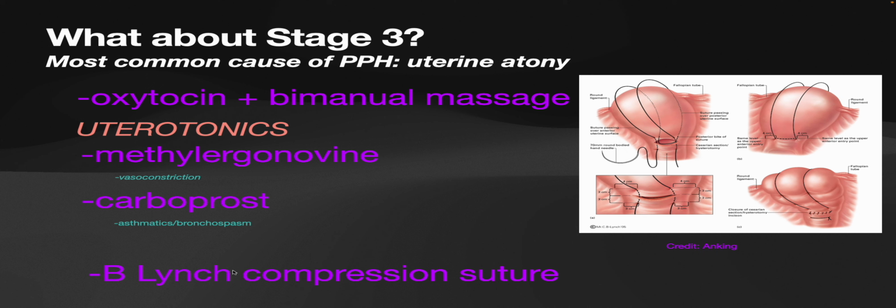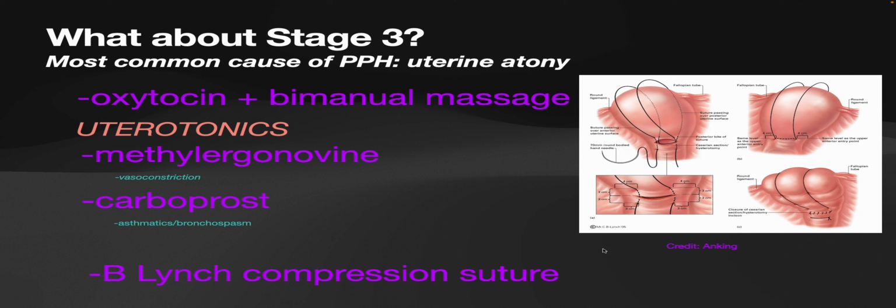Lastly, we have the B-Lynch compression suture. So if mom is bleeding out so much that we need to do an exploratory laparotomy, or a diagnostic laparoscopy, probably wouldn't be open, but it could be if she was really unstable from a hemodynamic perspective.